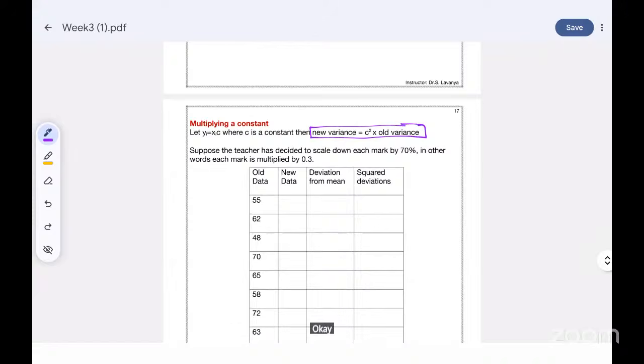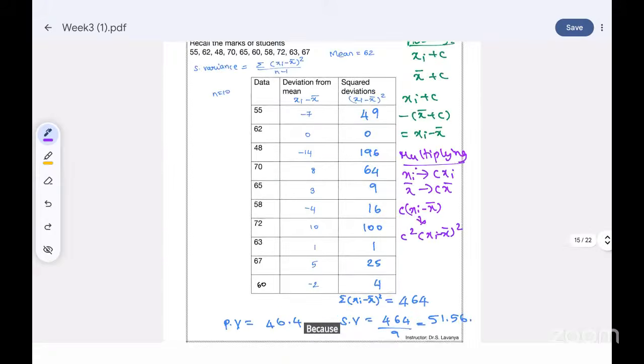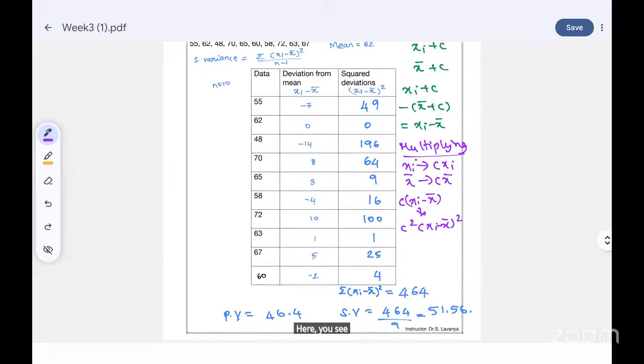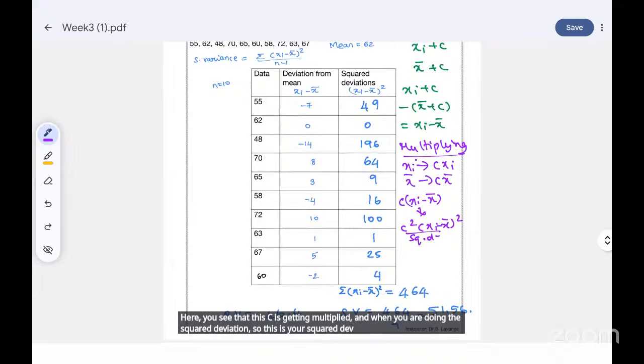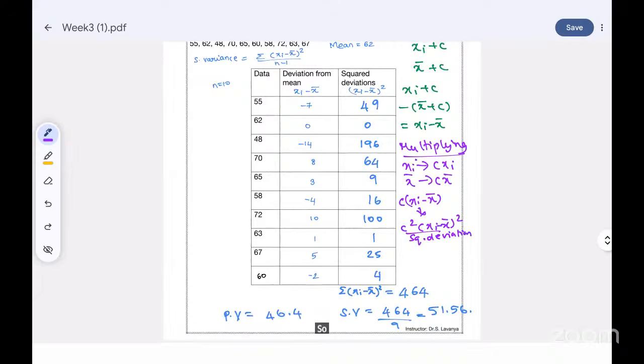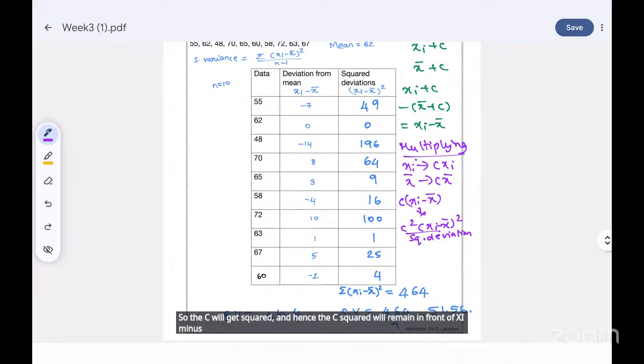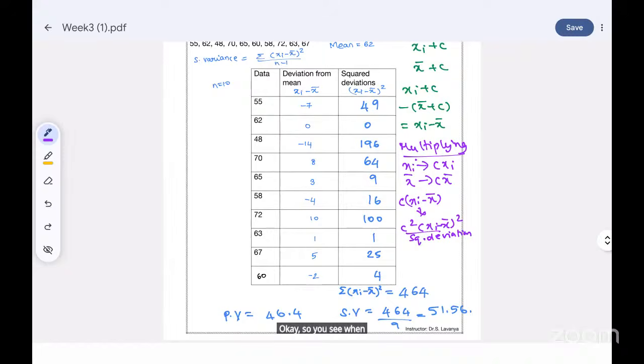Can you repeat that part, why c square? Because here this c is getting multiplied, and when you are doing the squared deviation, the c will get squared, and hence c squared will remain in front of (xi minus x bar) squared. So c square is coming in addition.